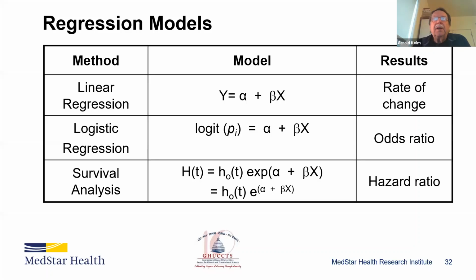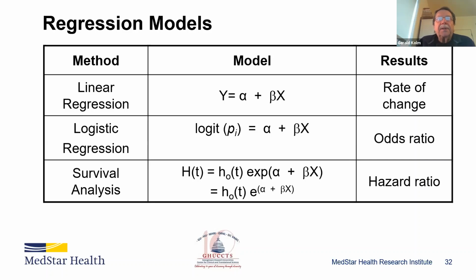In other words, the odds for one group, or one variable, divided by the odds of another group, or another continuous variable. And so in our logistic regression equation, if we exponentiate the beta coefficient, we get the odds ratio.